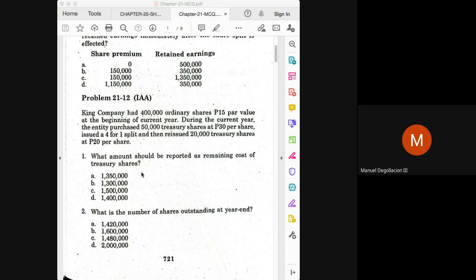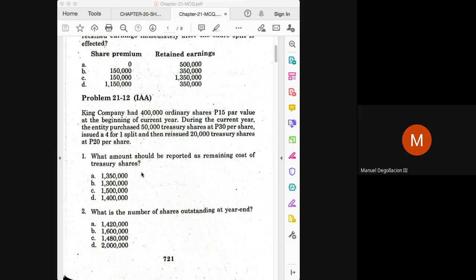And that will happen if you have treasury shares, previously issued shares that are reacquired. So one way of solving this is to compute your issued shares and then simply deduct your treasury shares. That will give you your outstanding shares. Your issued shares minus your treasury shares.